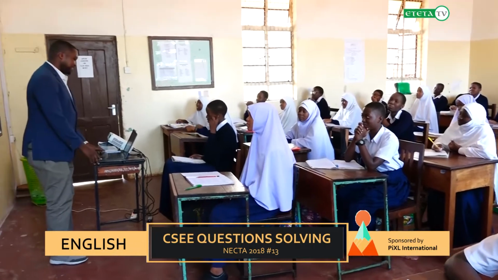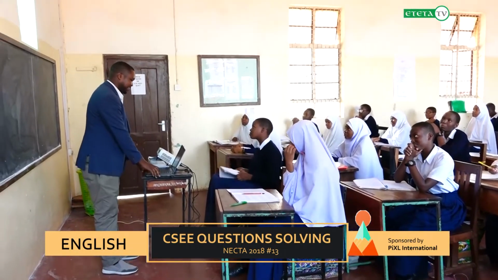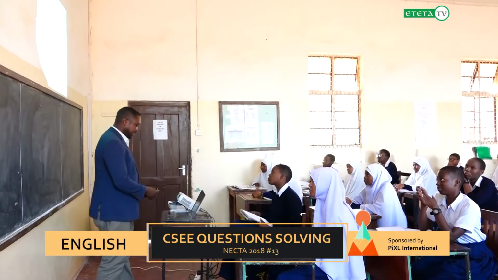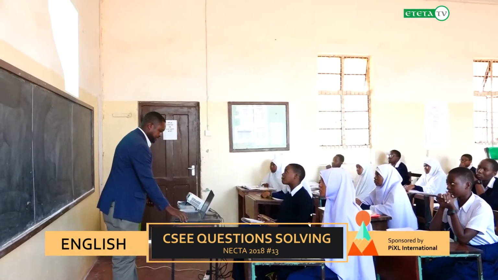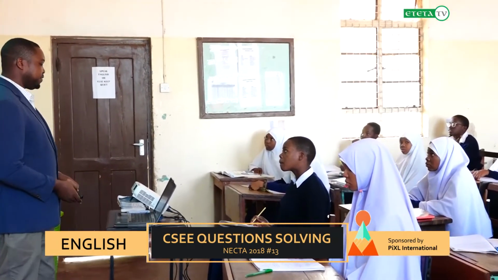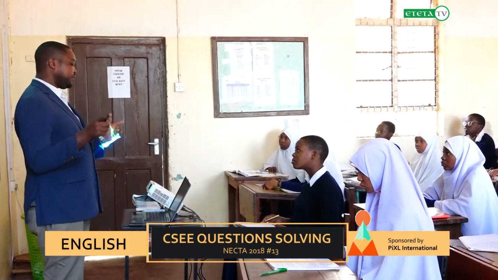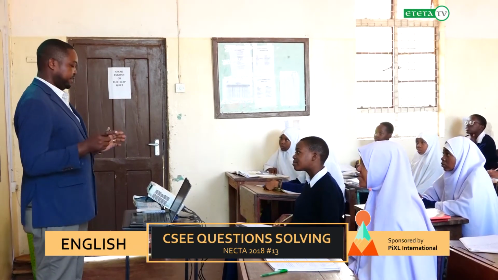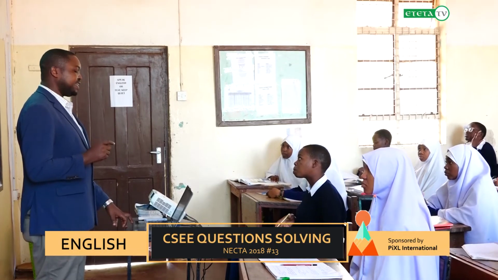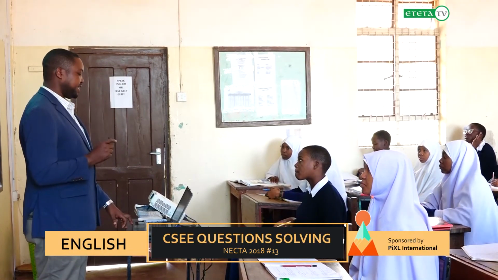Okay, so we have seen how to answer the question. I think you remember the question. The question we had here: the figures of speech are used not only to make the work of art beautiful, but also to convey the message intended by the playwright to the readers.